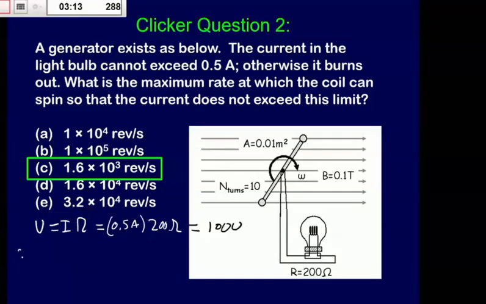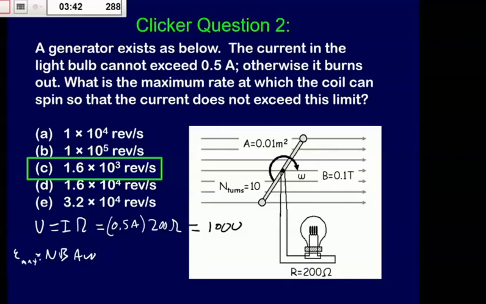Then you want to use the equation for our EMF in a case like this, which is NBA omega times cosine. But NBA omega is the maximum that this value can be. It seems like a lot of people got that idea, which is good.